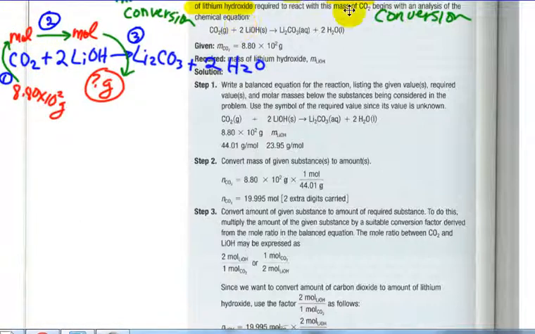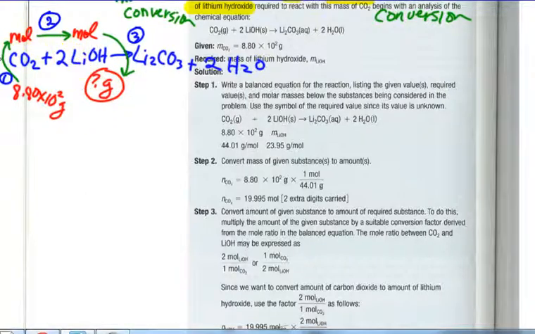If you were given moles, I tend to write that above, and you'll see why, just because it's a nice schematic when going from one compound to another. We were given 880 grams of carbon dioxide, so I write that underneath the CO2. And the question is, how many grams of lithium hydroxide? So I write grams here.